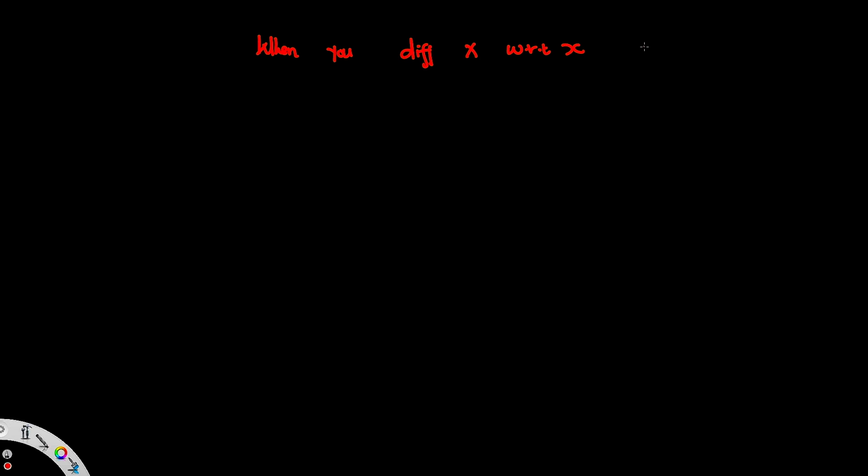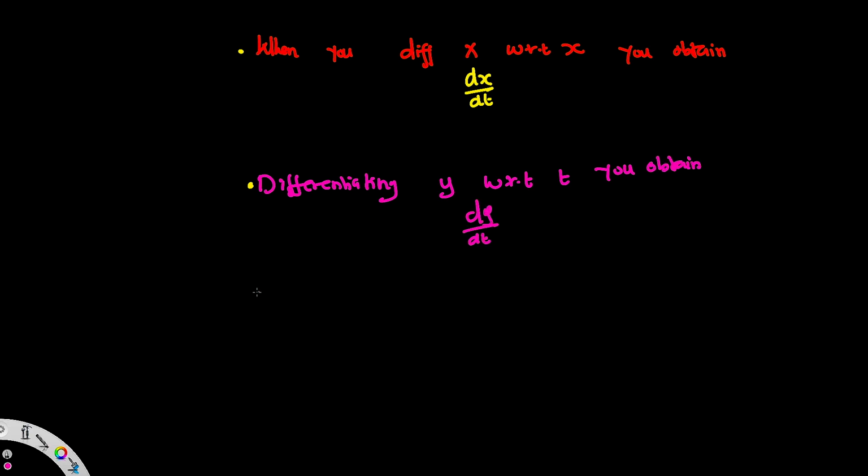When you differentiate x with respect to t, we are going to obtain dx/dt. In the second part, when you differentiate the equation y with respect to t, you are going to obtain dy/dt.